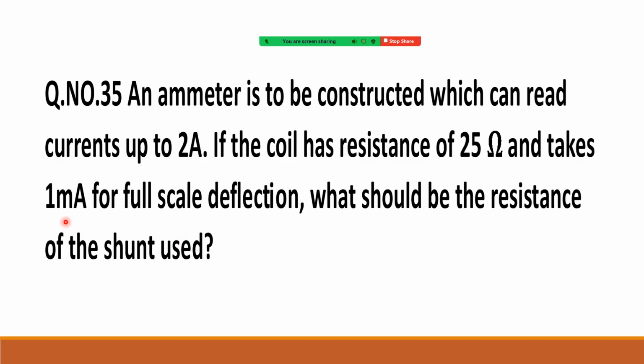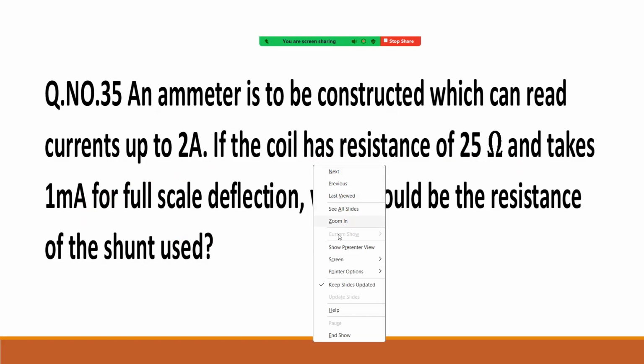So we have to convert the range from 1 milliampere to 2 ampere. That means we have to increase by how many times? 2 by 1 milliampere, 2000, right? G value is 25.